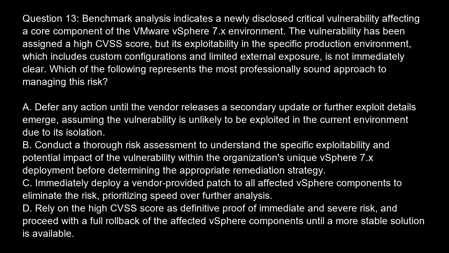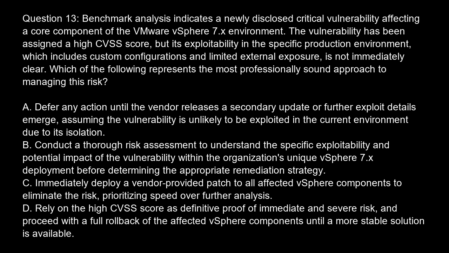Option A. Defer any action until the vendor releases a secondary update or further exploit details emerge, assuming the vulnerability is unlikely to be exploited in the current environment due to its isolation. Option B. Conduct a thorough risk assessment to understand the specific exploitability and potential impact of the vulnerability within the organization's unique vSphere 7X deployment before determining the appropriate remediation strategy.